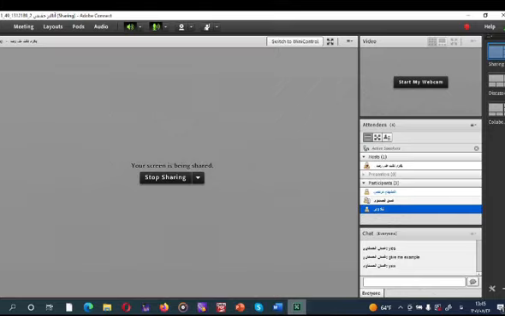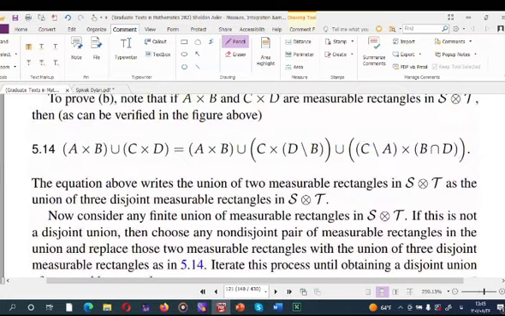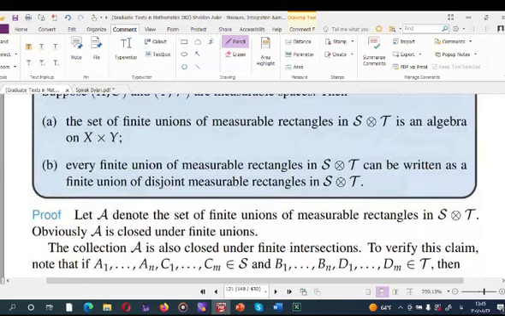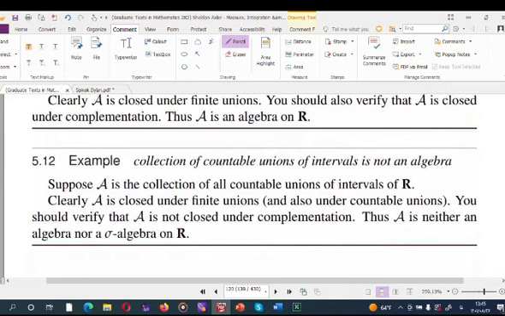In the previous session, we saw this example. This is almost an example of this proposition, and its proof is very similar.